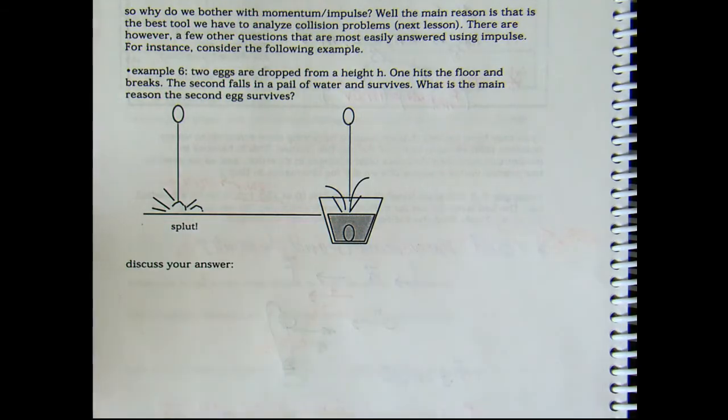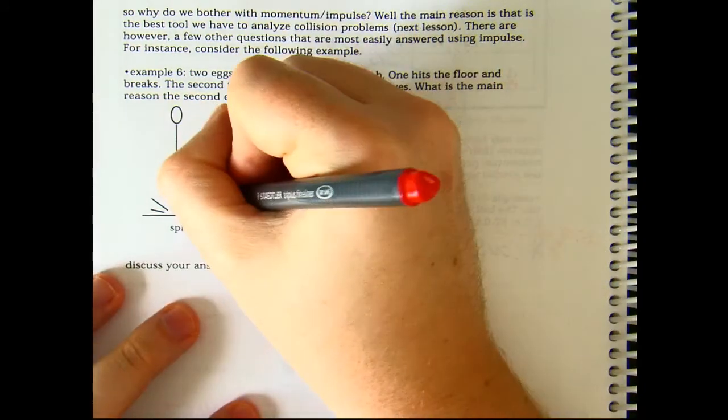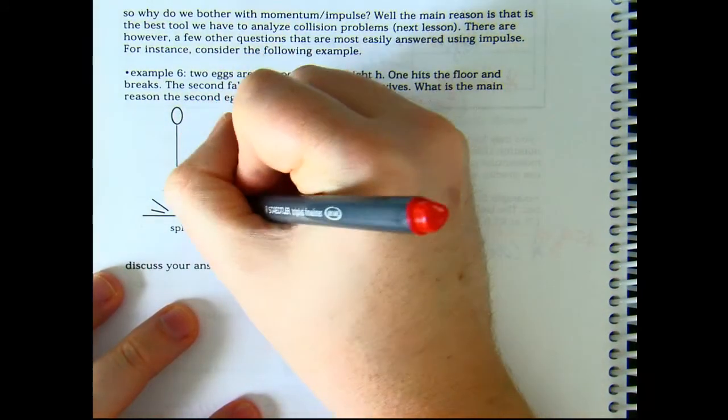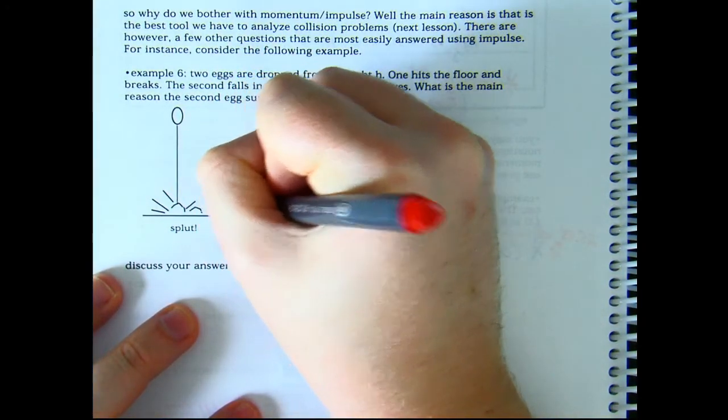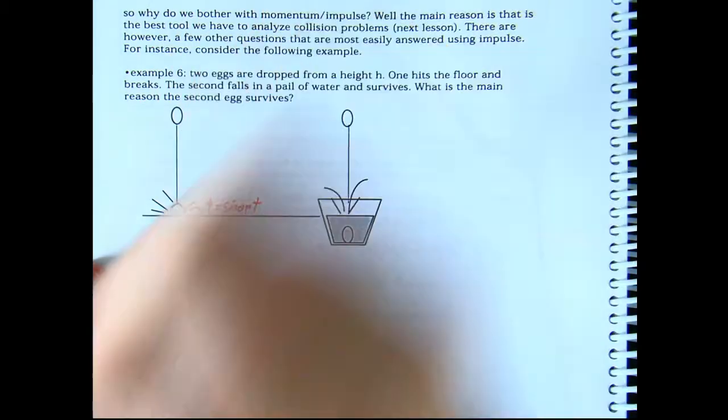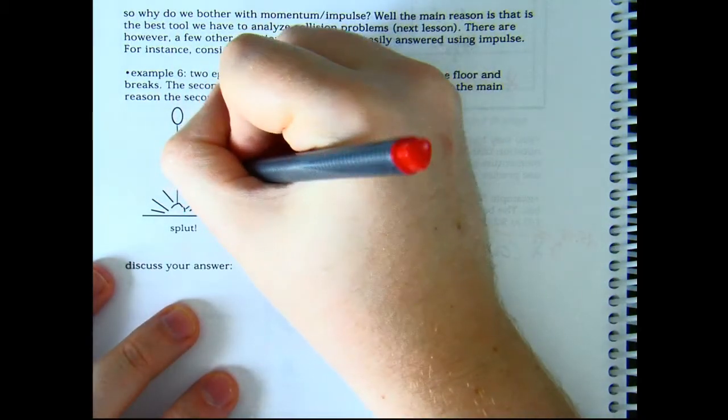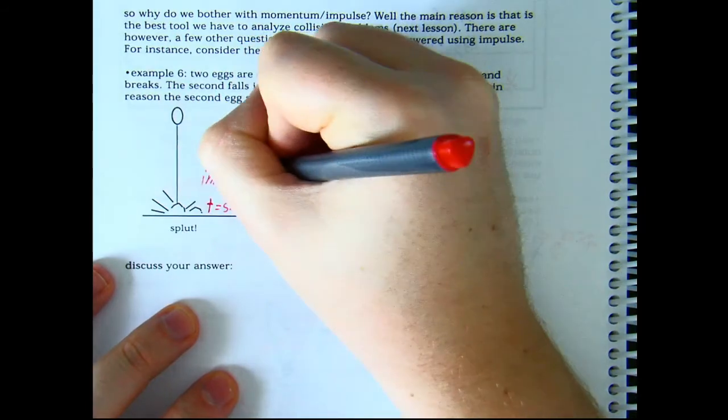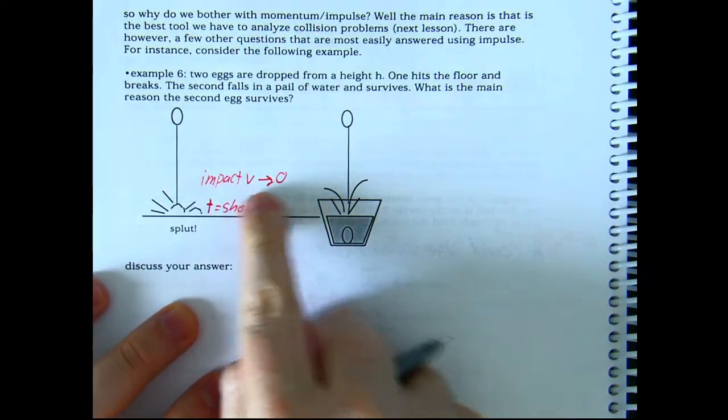Well, hopefully you've had a chance to think about this one. Pause the video, think longer if you'd like, but here's the answer to this question. The idea here is that the length of time here is very short to bring it from whatever velocity, the impact v, to 0.